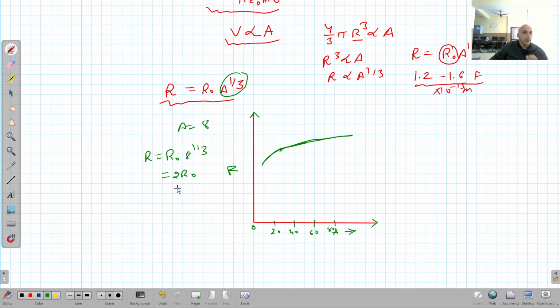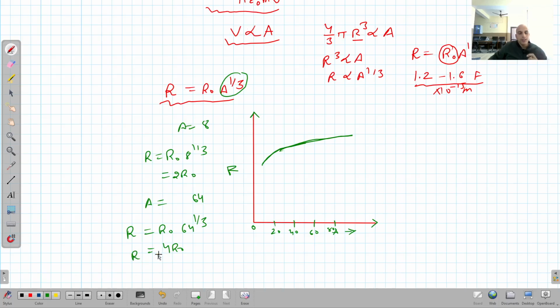If in place of 8, I take A is equal to 64, then R is equal to R naught into 64 power 1 by 3. So 4 R naught, right?